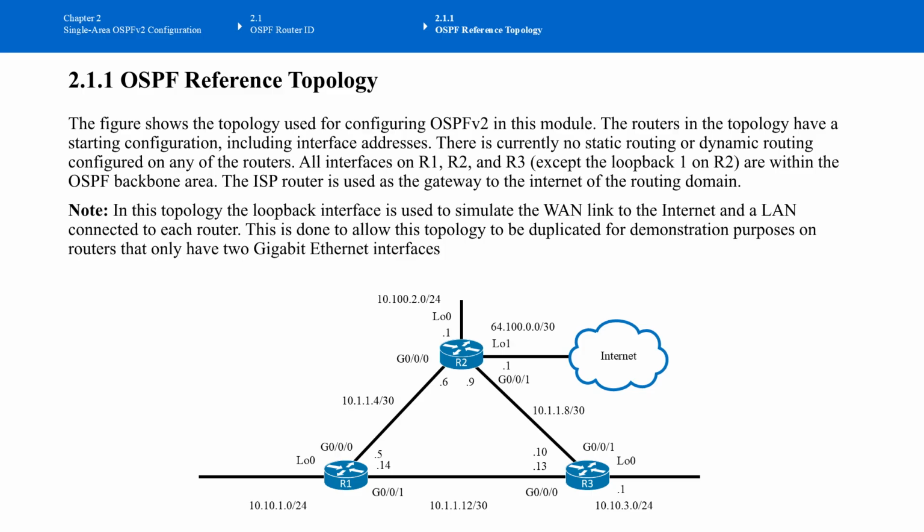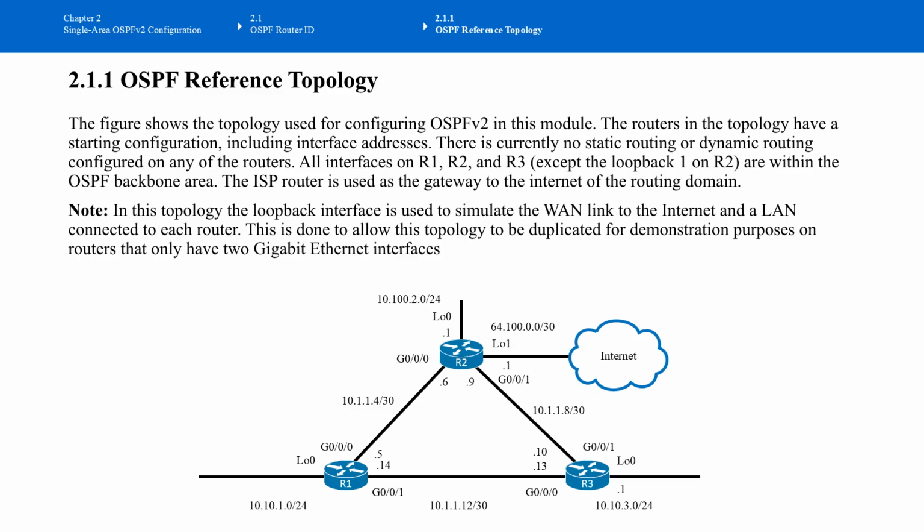Throughout this module, we will configure OSPF so that all routers can learn about each other's LANs automatically. Once OSPF is running, each router will build a complete view of the network, calculate the shortest path using the shortest path first, SPF, algorithm, and install the best routes into the routing table.